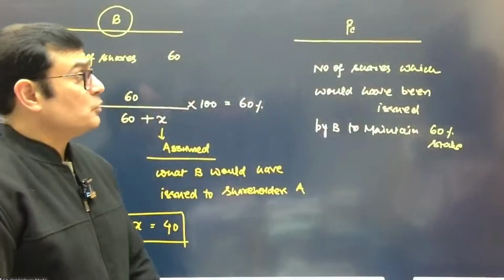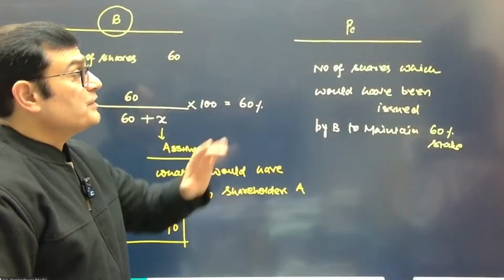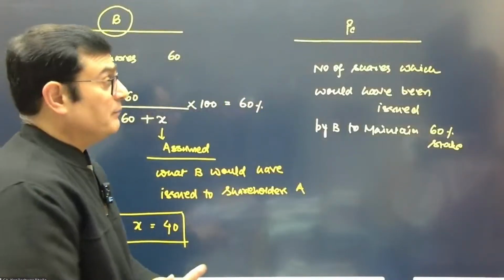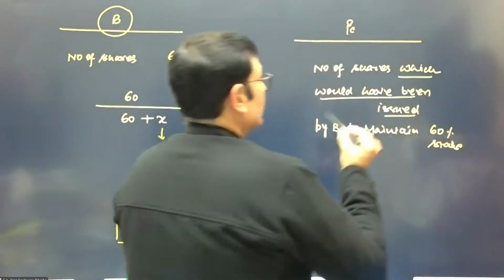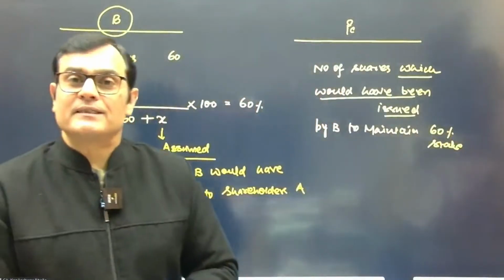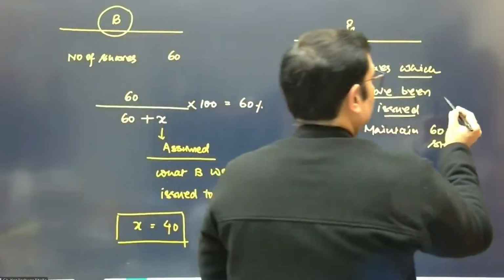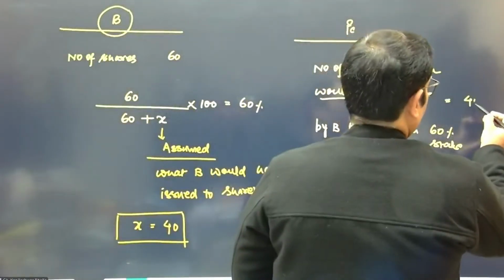So the focus is to get the number of shares which would have been issued by B so that he maintains a 60% stake. So B would have issued a total of 40 shares.